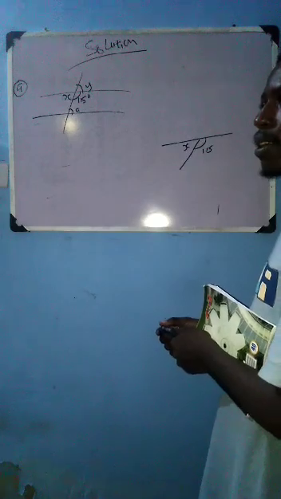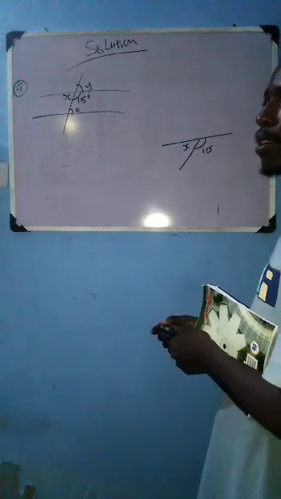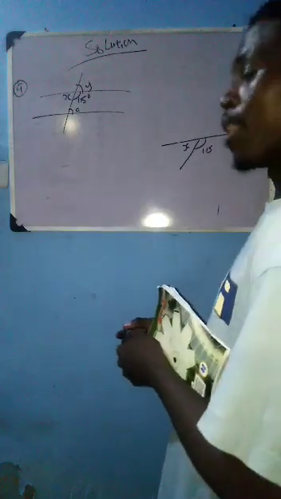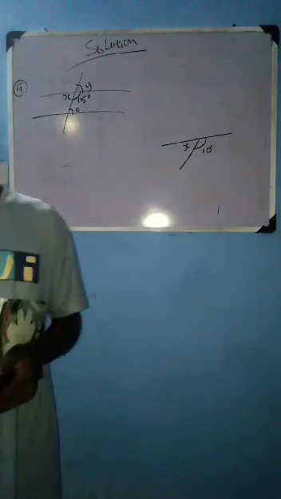Any straight line is... now let's revise the theorem. Which theorem has anything to do with a straight line? I'll give you all the theorems. Which theorem has to do with a straight line? Think very well. Open it.